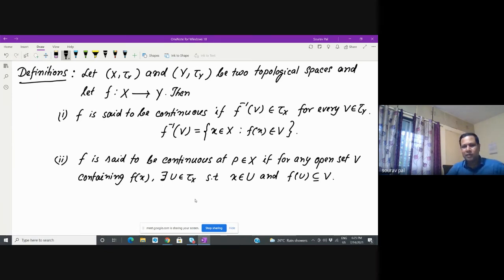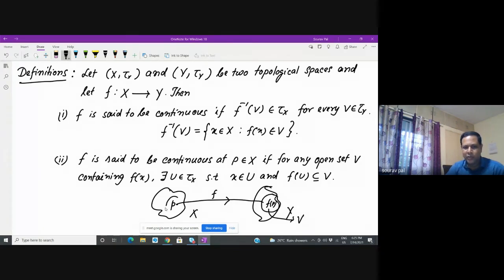What does it mean? So this is your X and say this is your Y, and you have a function f here, and p goes to f of p. You have an open set V containing it. Correspondingly, you can find an open set U around p such that f of U is contained in V. So this is the condition for continuity at a point.